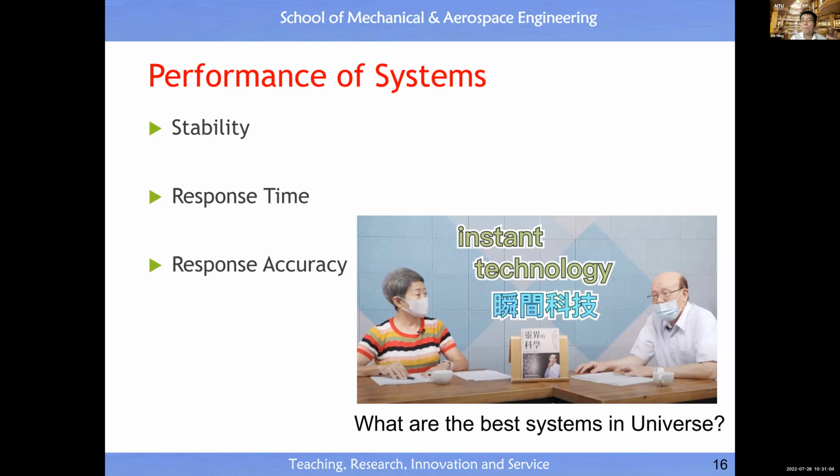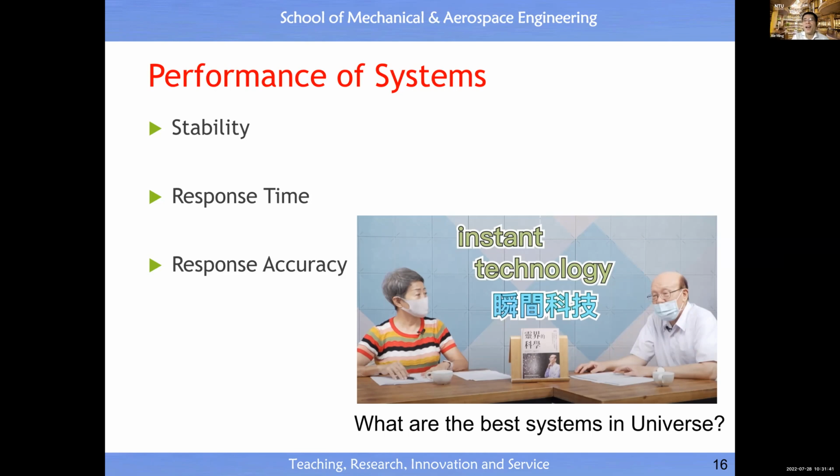Static system means what? The system has absolute stability, 0 response time, 100% accuracy. You see, based on these three criteria: stability, absolute, 100% stable. Response time, 0. Response accuracy, 100%. So why are static systems the best system in the world? Just imagine we have a flying robot; in future, we can consider an airplane as a flying robot.